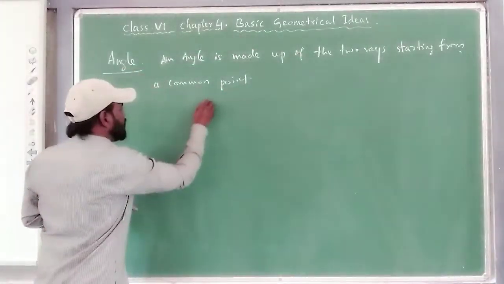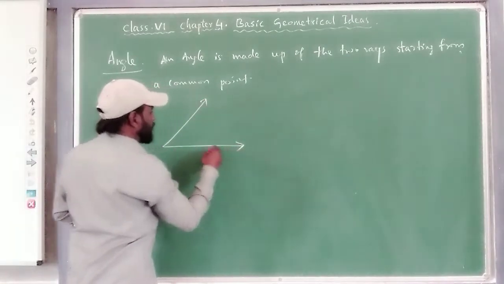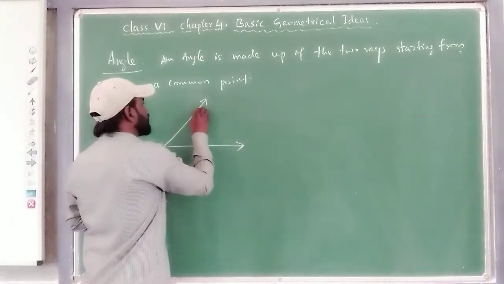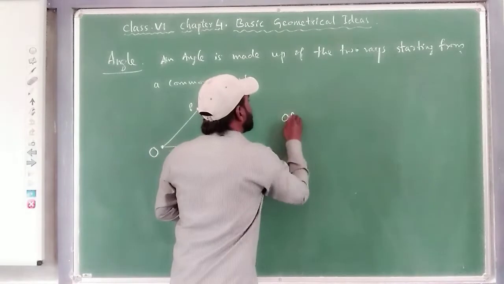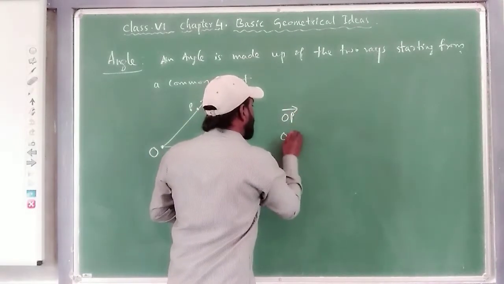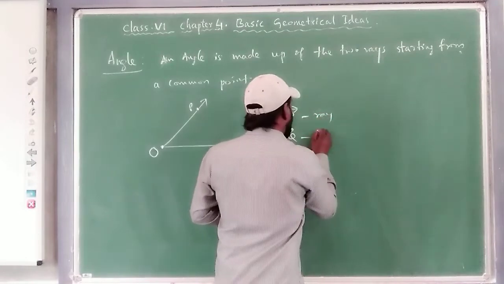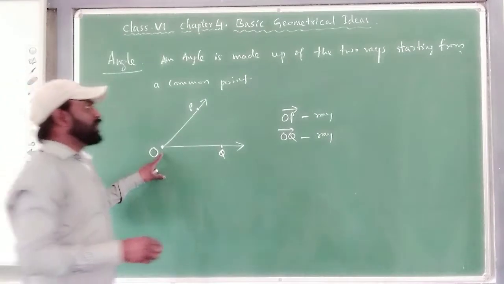For example, if you take two rays, both are having a common vertex, that is O. If you take this as P, this as Q, here OP is one ray and OQ is another ray. Both the rays have a common vertex.